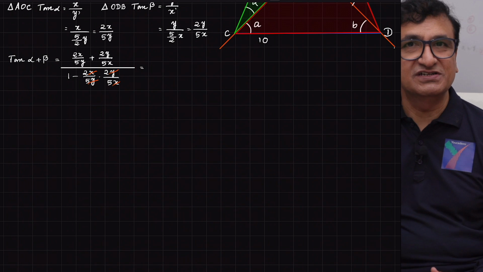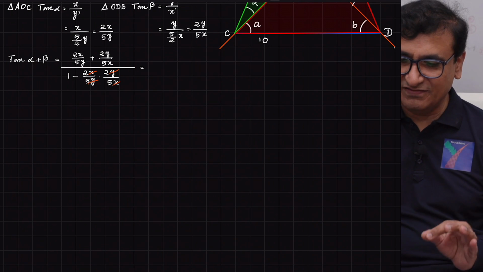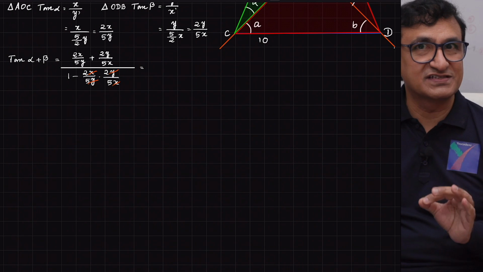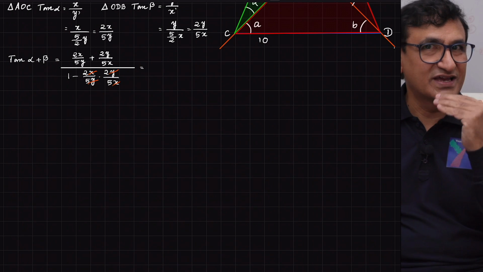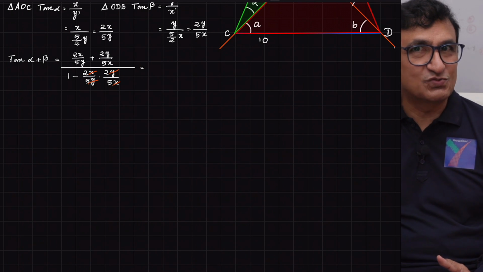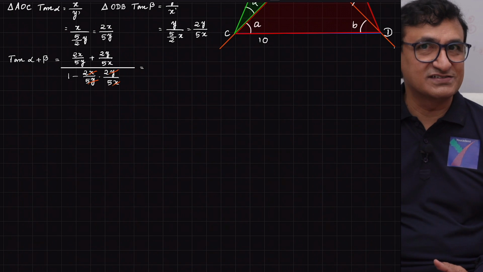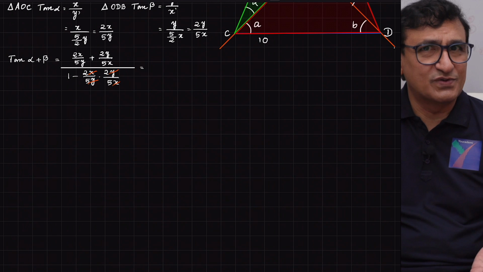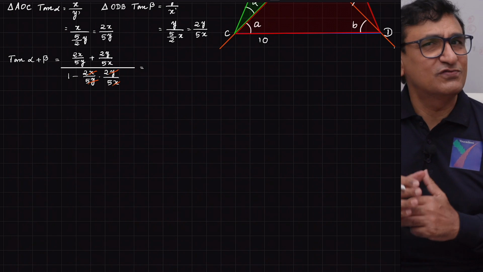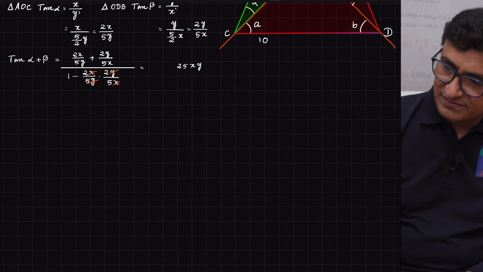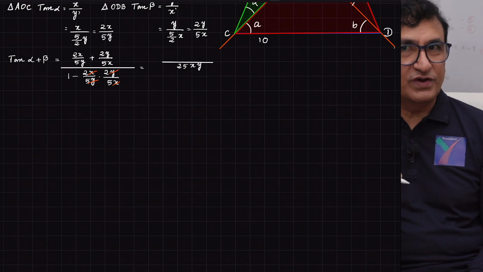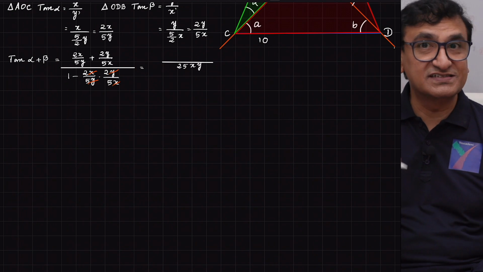So in this expression for tan alpha plus beta, we have 2x over 5y plus 2y over 5x in the numerator. So I can take 25xy as a common denominator, right? You may be wondering, it is 5xy, why 25xy? But I prefer 25xy for some reason. The first term would be 2x multiplied by 5x, that is 10x squared.